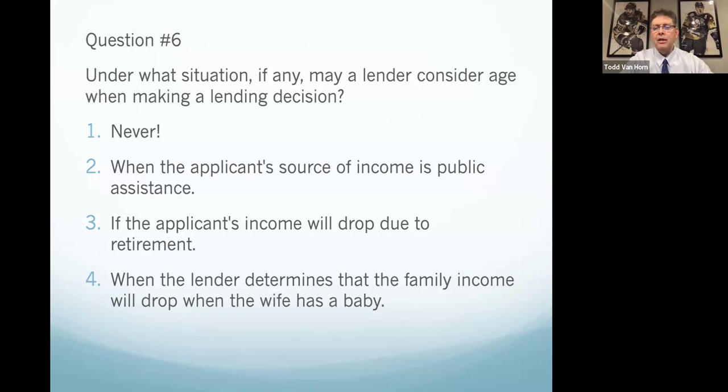Number three, if the applicant's income will drop due to retirement. Number four, when the lender determines that the family income will drop when the wife has a baby. So which one of those situations, if any, may a lender consider age when making a lending decision?